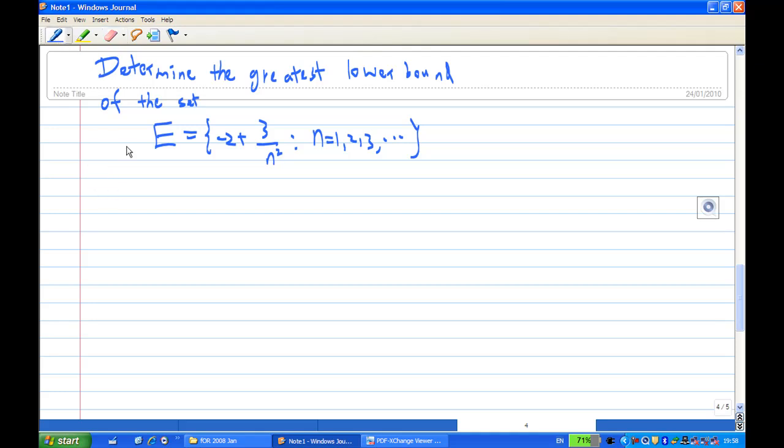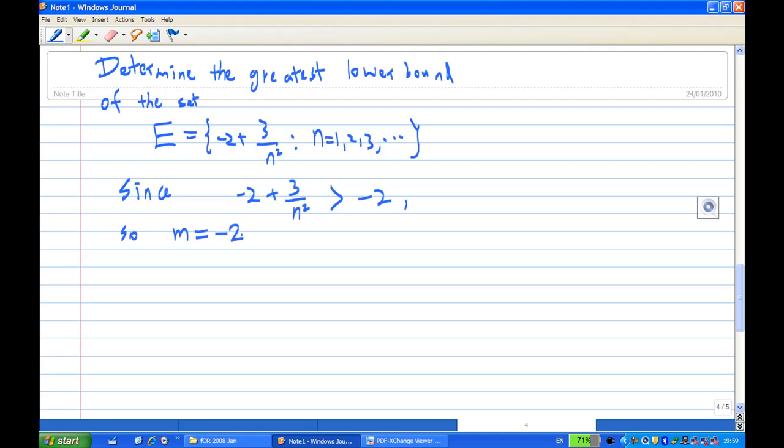Since we know that everything in E looks like -2 plus 3 over n squared, and this number is definitely greater than -2, since 3 over n squared is positive, you can guess that the infimum of E is -2. So m equals -2.